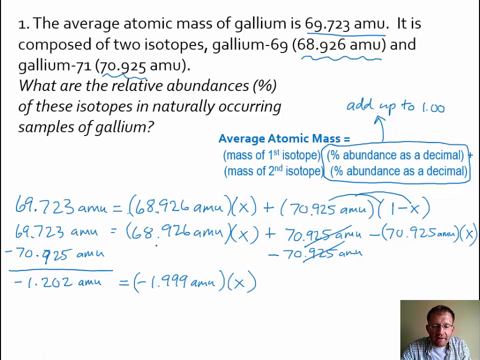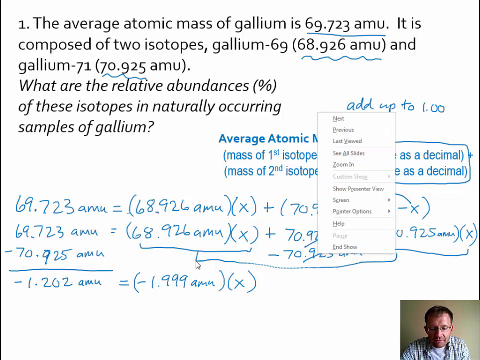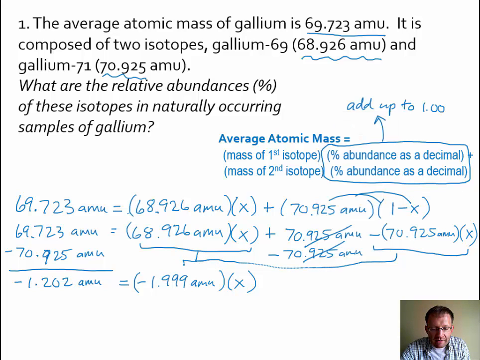So all I've really done in that step is put this value together with this value. I subtracted 68.926 minus 70.925 and put those two values together to get this. So this came in and joined up with this to give me my value on the right side of the equation. So now all that's left is to get x by itself.